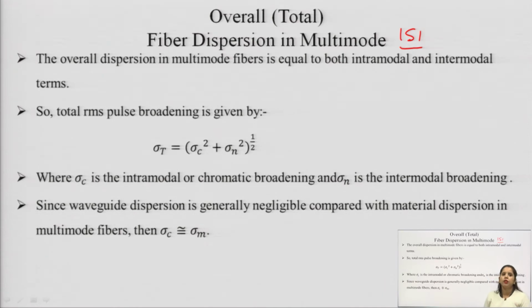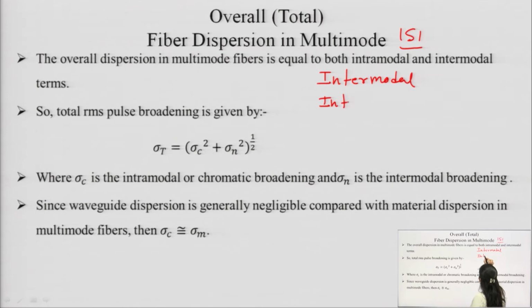So, when we are talking about the total or overall fiber dispersion, it should include both intermodal and intramodal dispersion. The overall dispersion in multimode fiber is equal to both the intramodal and the intermodal terms; it will be the summation of those.